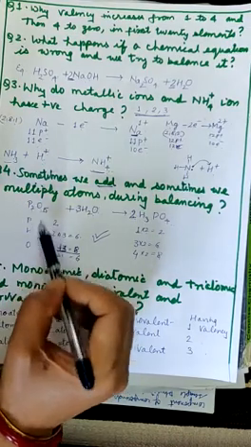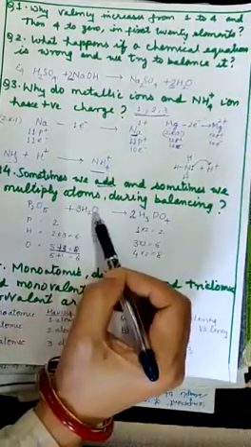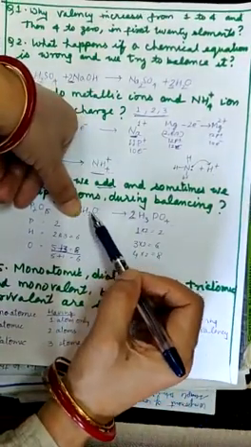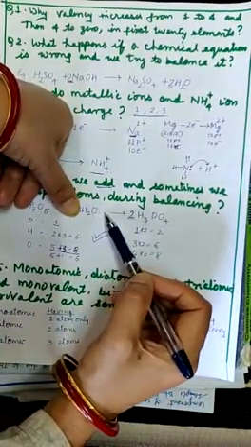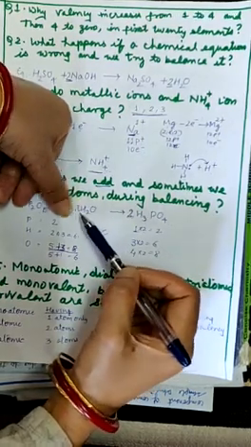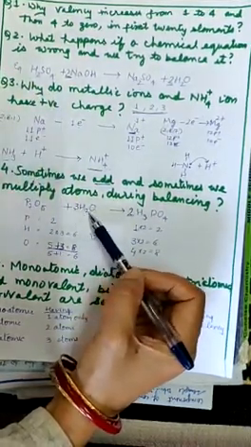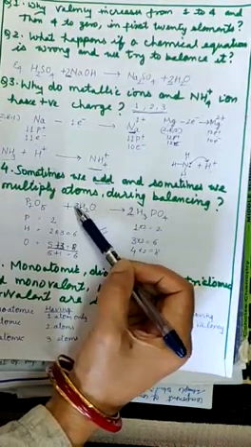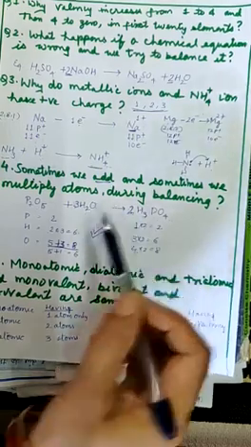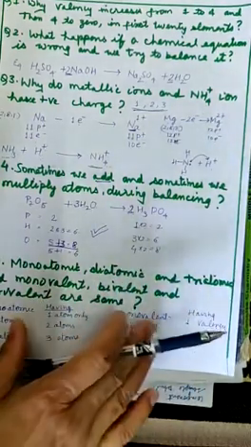Phosphorus will remain 2 only, oxygen 5 only. But here we have to multiply, because the number of atoms will get tripled when we write 3 before H2O. Previously there were 2 atoms of hydrogen and 1 of oxygen, while in 3 molecules it is 3 into 2, 6 of hydrogen, and 3 into 1, that is 3 of oxygen. Let's come to the last question.